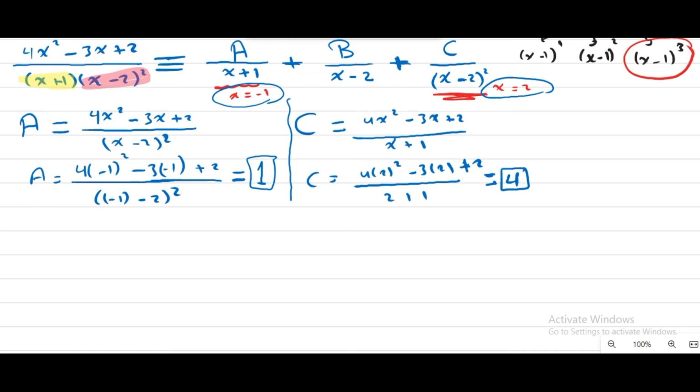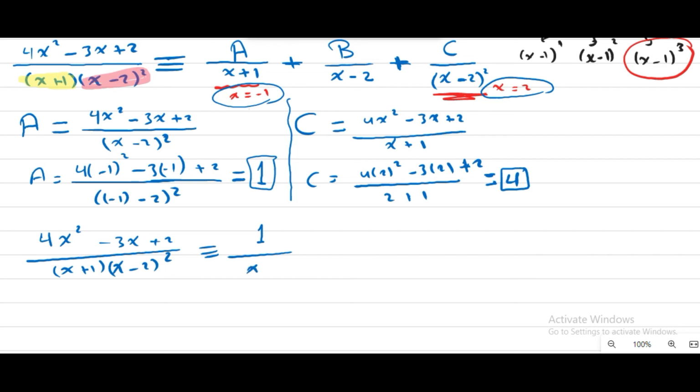So the expression will be 4x to the power of 2 minus 3x plus 2 over x plus 1 multiply x minus 2 all to the power of 2 equivalent to. Here in this step we have to put the values of the letters we found in their places.